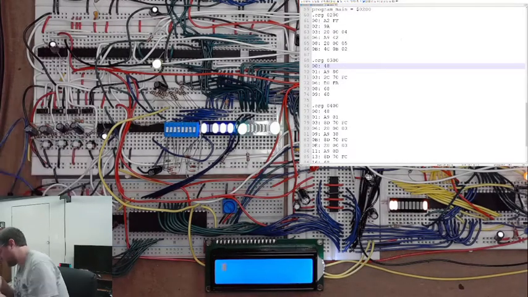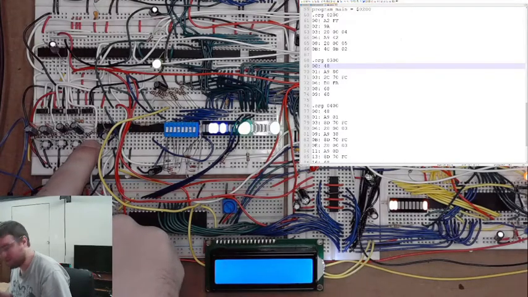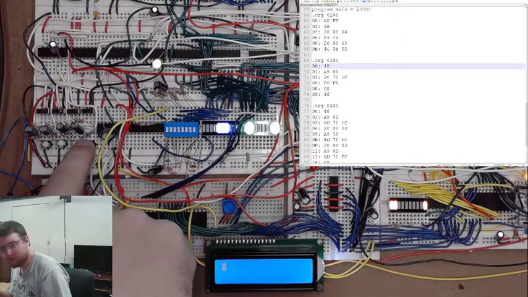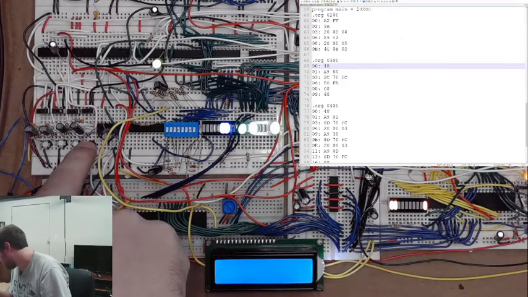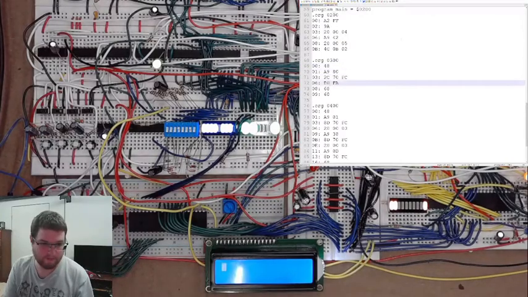Okay, that's correct now. So now A9, 80, 2C, 70, FC. Well, that was quick, but that was right. D0, FA, 68, 60. Okay, that one's correct now.